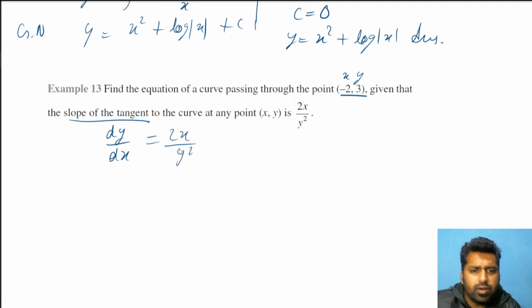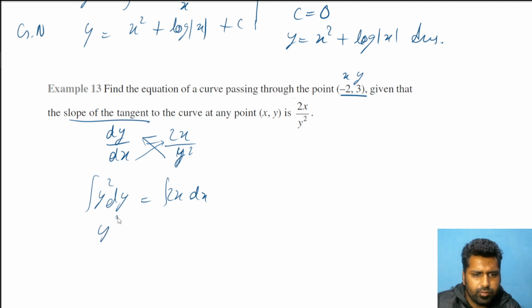So not writing directly that dy by dx is 2x upon y square, rather introducing the concept of AOD, that the slope of the tangent is dy by dx effectively. Okay, so just cross multiply, take it here, so y square dy is equal to 2x dx. Integrate, so y cube by 3 is equal to x square plus c.